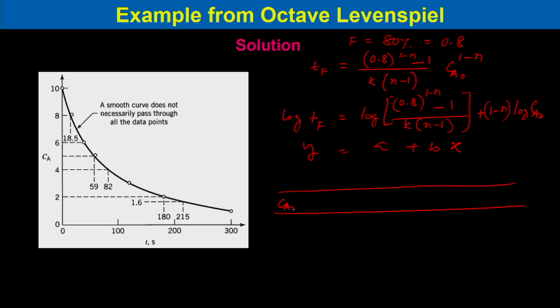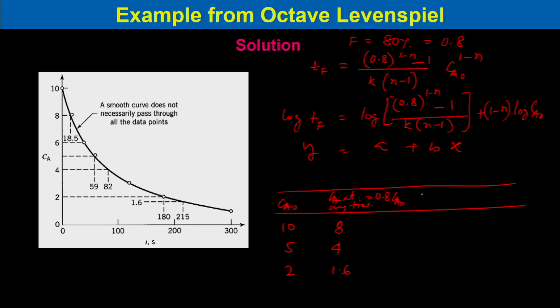Ca naught, which is say 10, 5 and 2, and Ca at any time reaches 0.8 Ca naught. So, that means we can calculate this would be 8, this would be 4 and this would be 1.6.